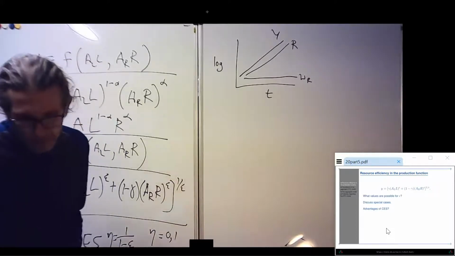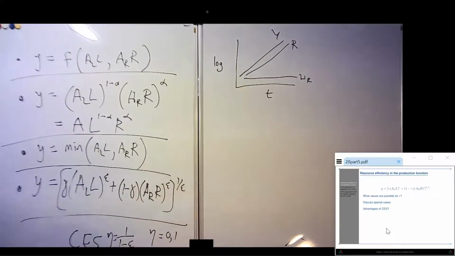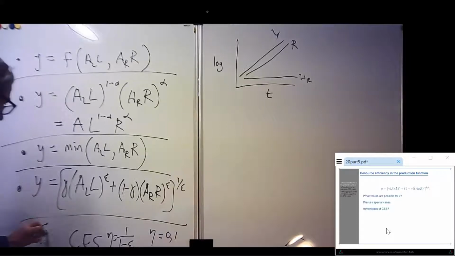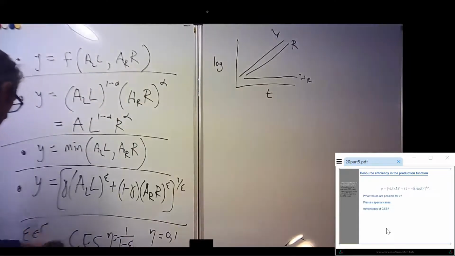The CES, what values are possible for epsilon? In mathematical notation, epsilon must be in the interval -infinity to 1.